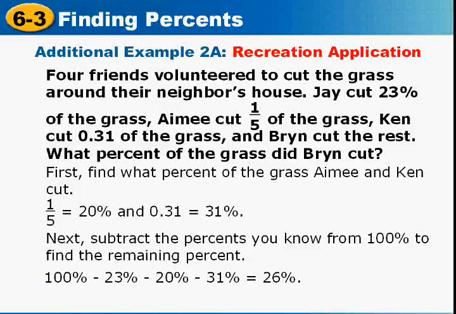So 100% minus Jay's cut, 23, Amy's cut, 20, and Ken's cut, 31. You could have added these up and then subtracted from 100. But when you subtract them from 100, you're left with 26%. So Bryn cut 26% of the grass.